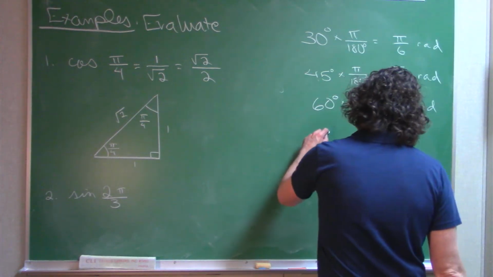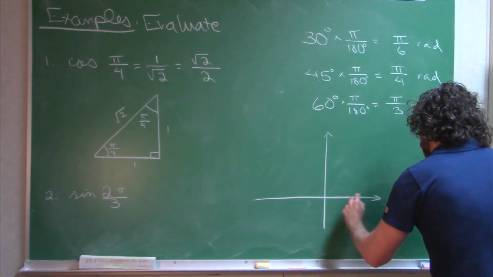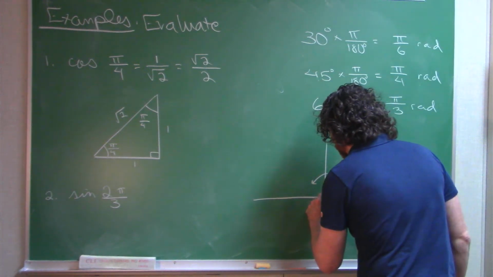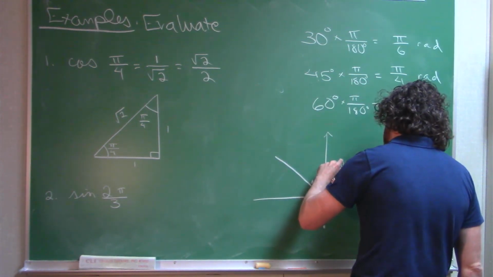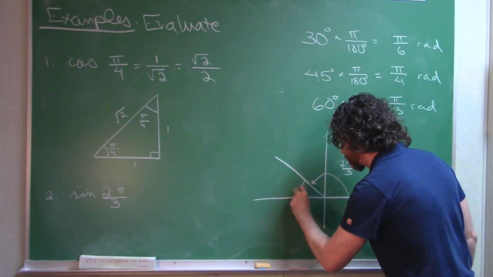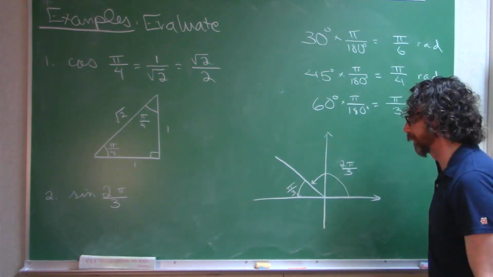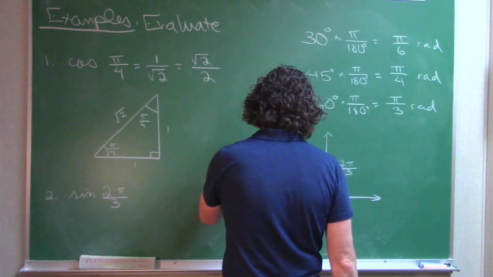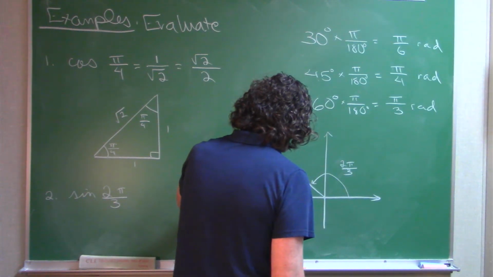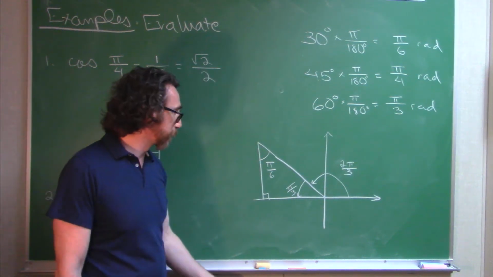So if we're talking about an angle of 2 pi over 3, we're going into the second quadrant. So 2 pi over 3 has a reference angle of pi over 3, making this my reference triangle.